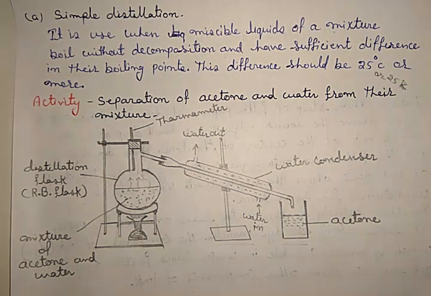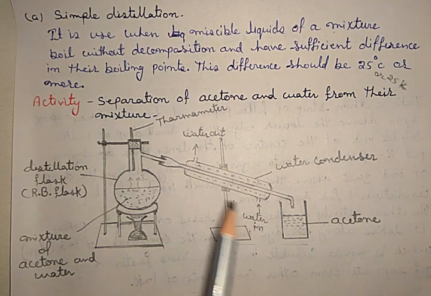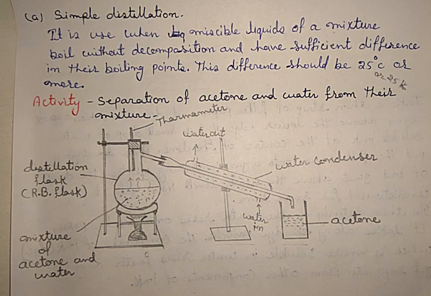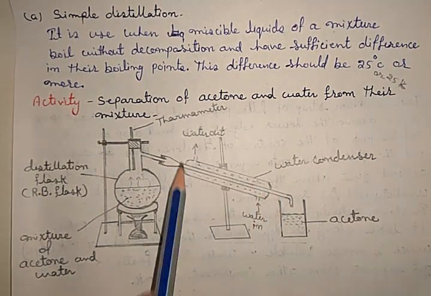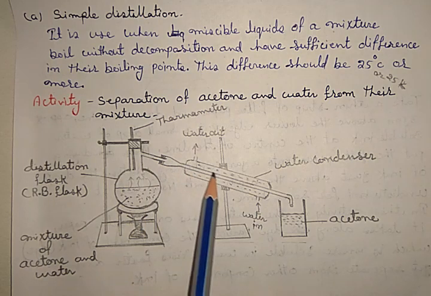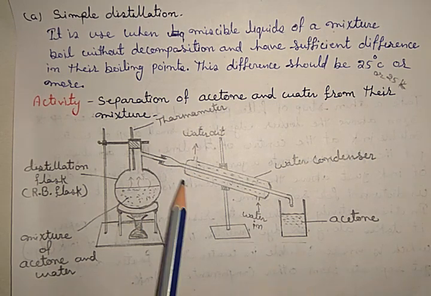Due to the condensation process, when a gas comes in contact with the cold surface, it converts into the liquid state again. So here, due to cooling, the acetone gas converts into liquid.